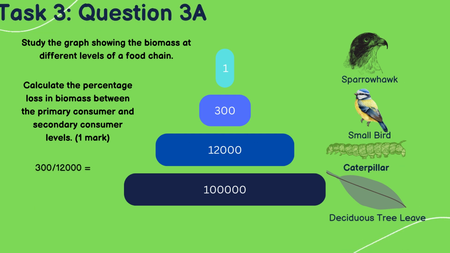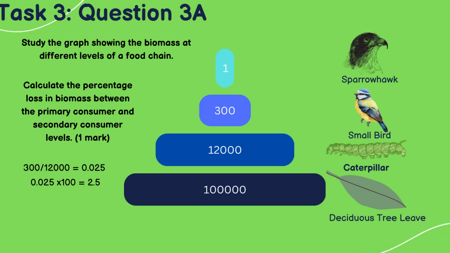To do this, we first have to divide the secondary consumer number, which is 300, by the primary consumer number, which is 12,000. This gives us a calculation of 0.025. We then multiply the 0.025 by 100, which gives us 2.5.